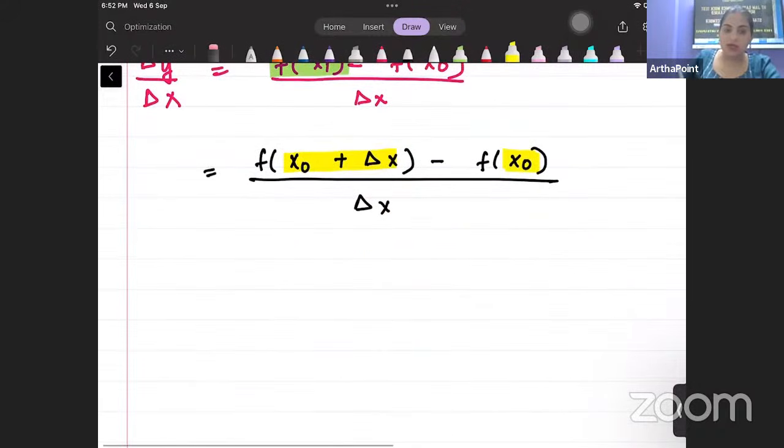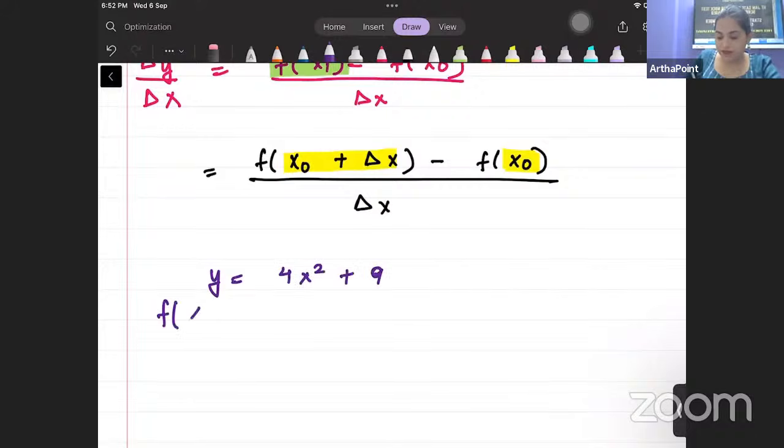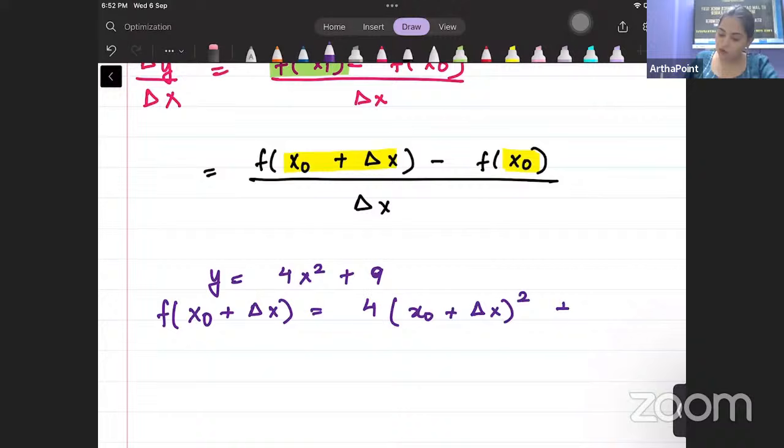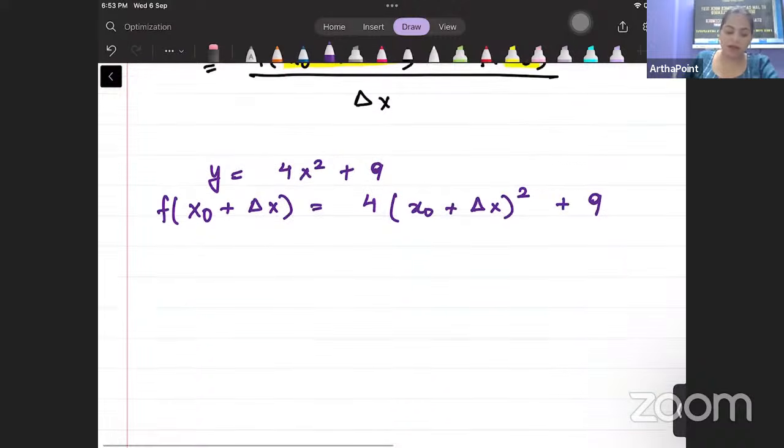So beta, y is 4x square plus 9. So the value of the function at x naught plus change in x will be 4 into (x naught plus change in x) whole square plus 9. Use the a plus b whole square formula here.